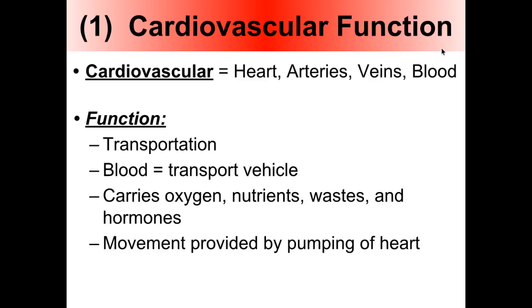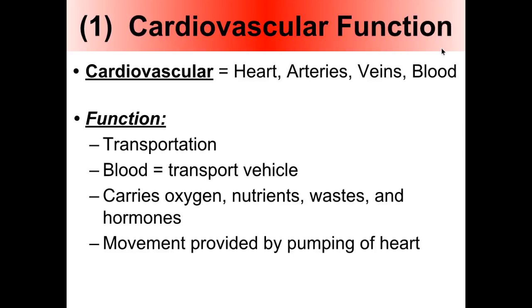It takes oxygen and nutrients to all of our cells, and it brings waste back like carbon dioxide. Some of it's filtered out in the kidneys and liver as it comes back. And our body needs hormones for all of its functions. So it carries all those things around via the blood, and as it comes back, it's reoxygenated.